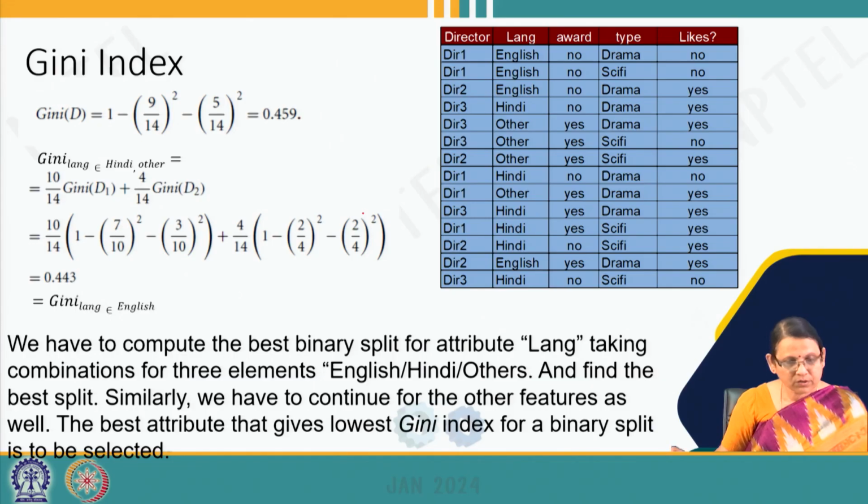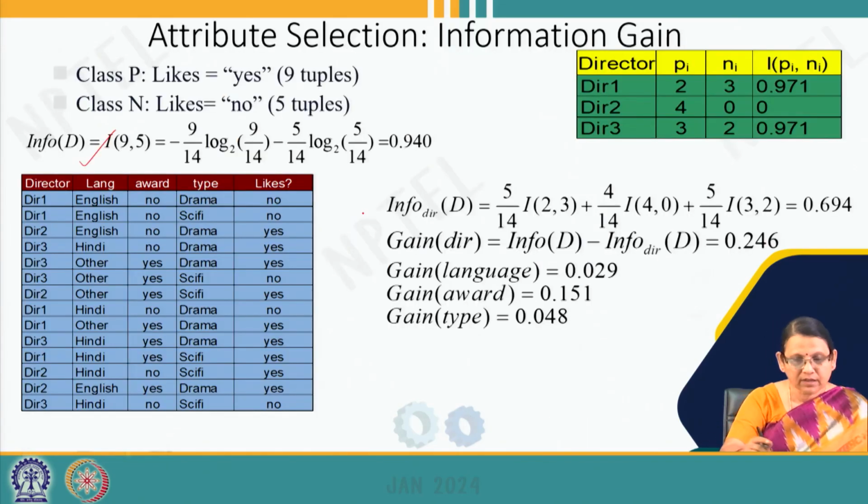So, what we do is we calculate the entropy with respect to D first. As usual, 9 are the yes, 5 are the no, and the formula is sum of minus pi log of pi over all the labels.